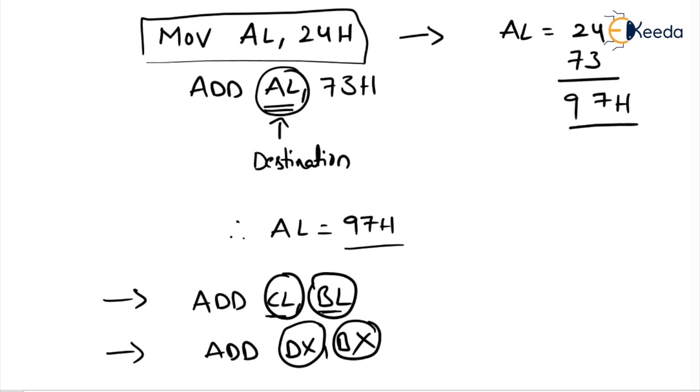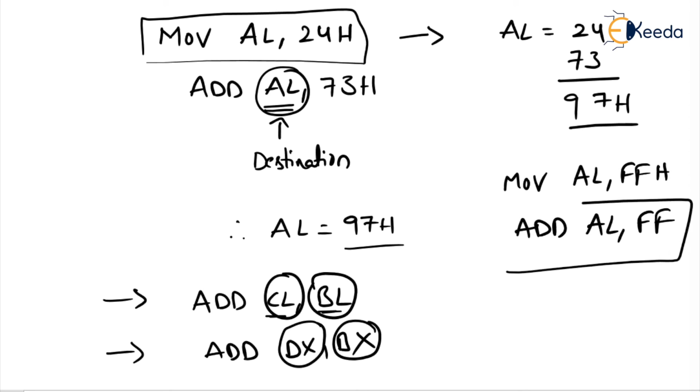What you have to remember is that when we perform adding two 8-bit numbers, the 8-bit result register may or may not be sufficient. Suppose the maximum 8-bit number is FF. If you add FF with FF, the result may not be 8-bit; it may be 16-bit. So suppose MOV AL, FFH and ADD AL with FF.